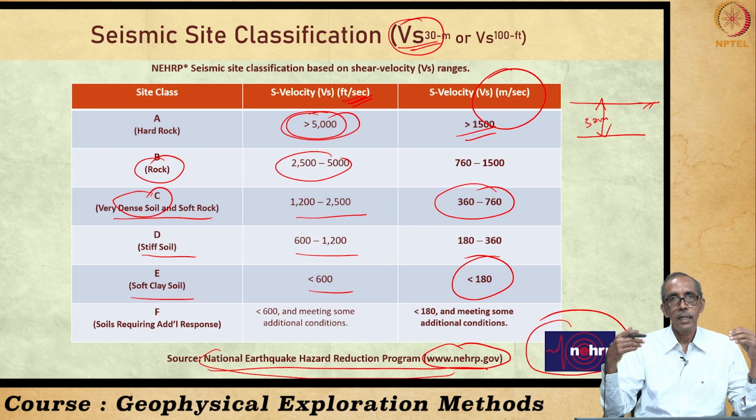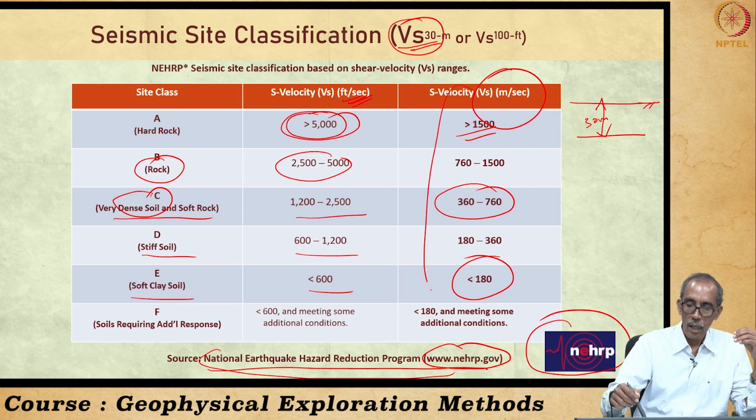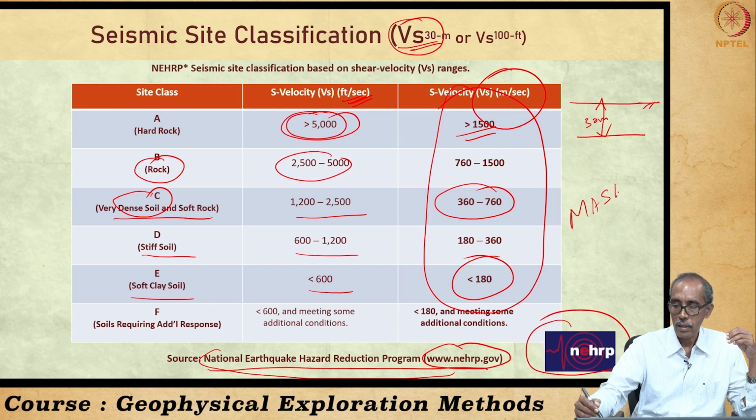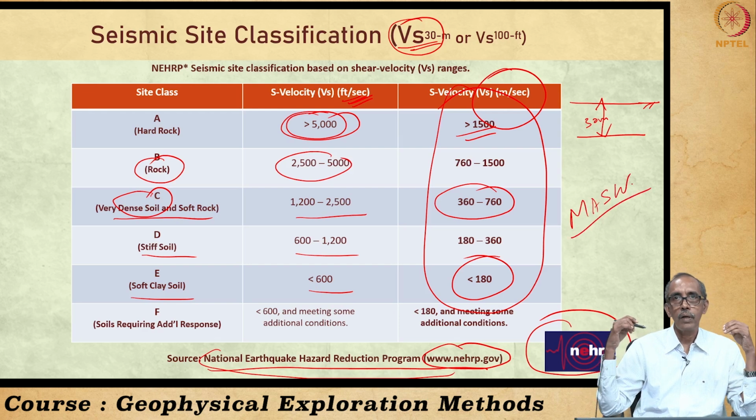So, that is the idea of this classification. By multi-channel analysis of surface waves, MASW, we are able to categorize the rocks as per this NEHRP classification. That is another advantage of multi-channel analysis of surface waves.